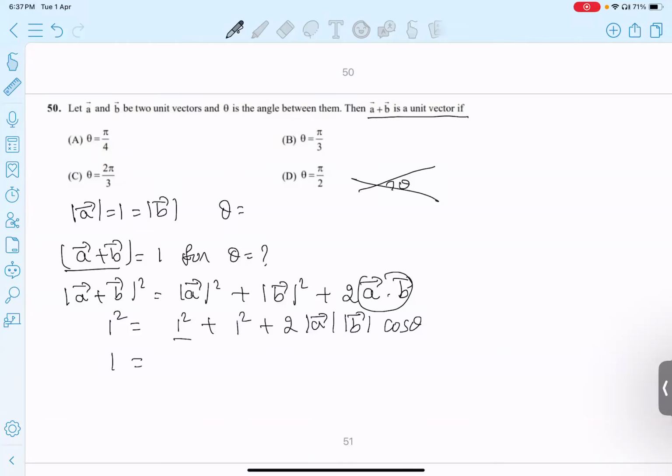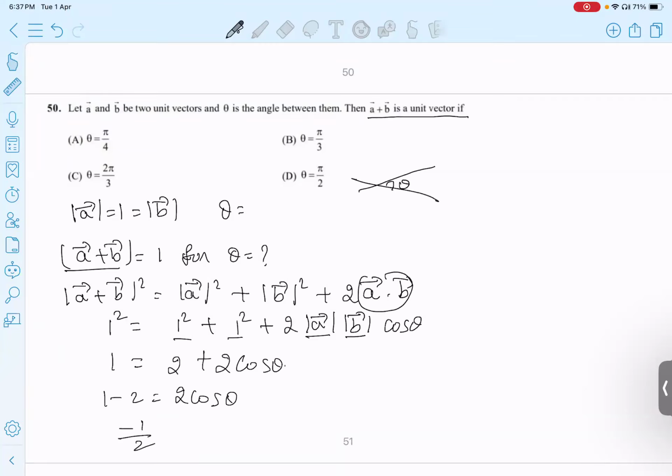So 1 is equal to 1 square is 1, 1 plus 1 will be 2, plus 2 into magnitude of A vector is 1, magnitude of B vector is also 1, into cos theta. Fine, students. Now 1 minus 2 is equal to 2 cos theta.